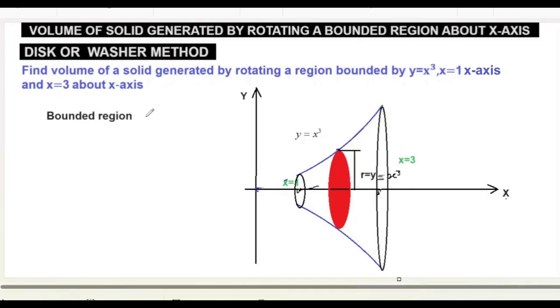Now we have to find the area of the disk and then the volume of the disk, and then integrate the volume from one end to another end.